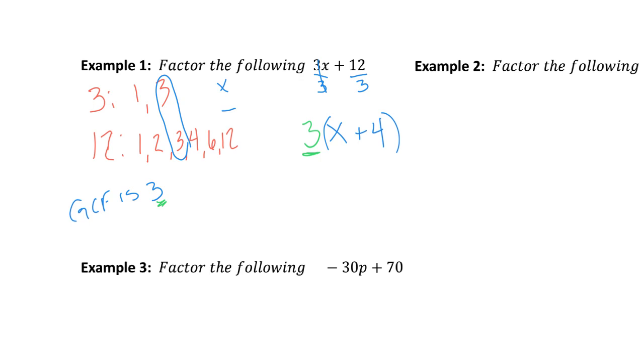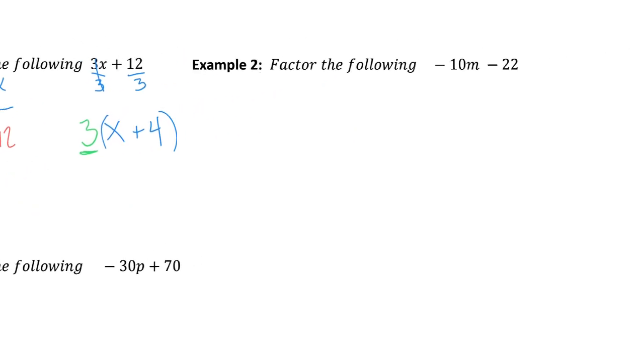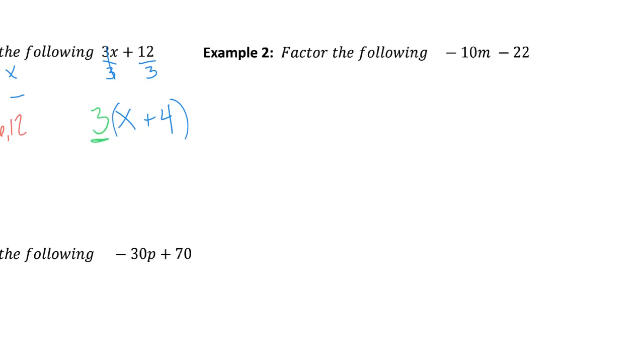Okay, I want to look at example number 2. Something a little different here. Okay, so my numbers are 10 and 22. That's fine. So I'm going to find my factors of both of them. I know factors of 10 are 1 and 10, 5 and 2, and nothing else.